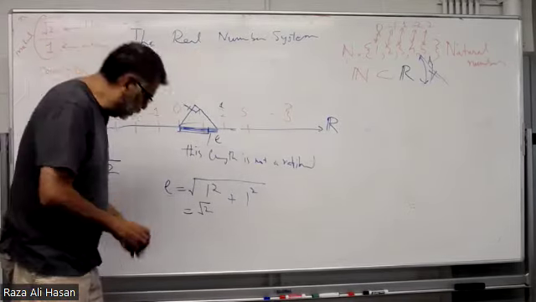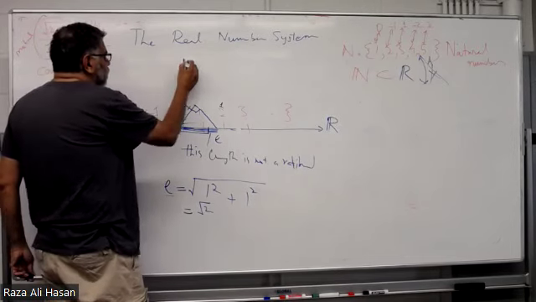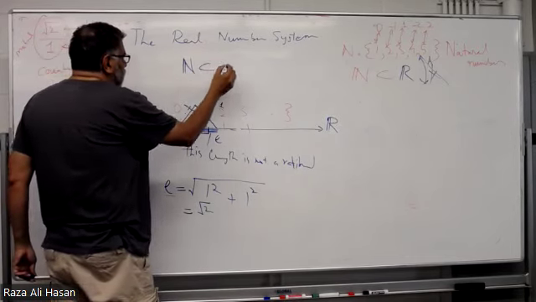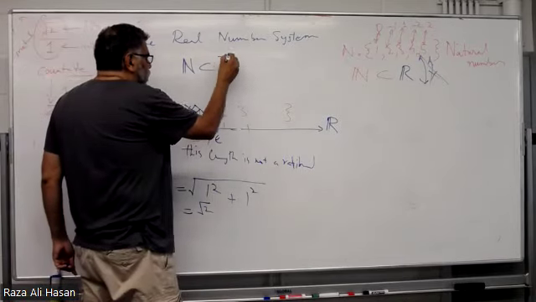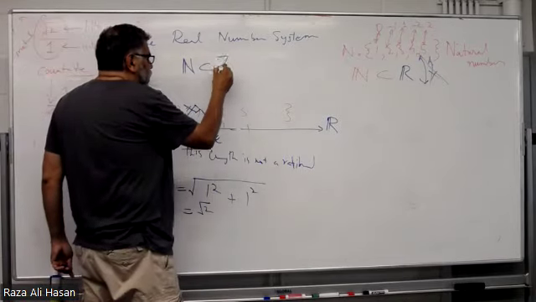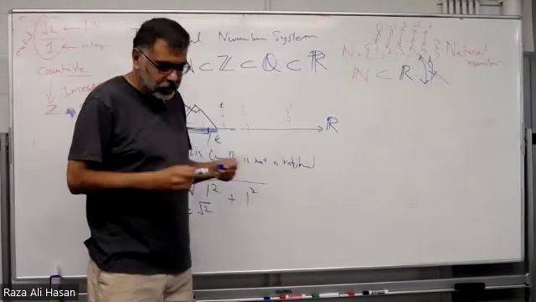One other thing is, we can now say that N is a subset of integers. Integers are a subset of rational numbers. And Z and Q are a subset of the real numbers. And real numbers contain both irrational and rational.